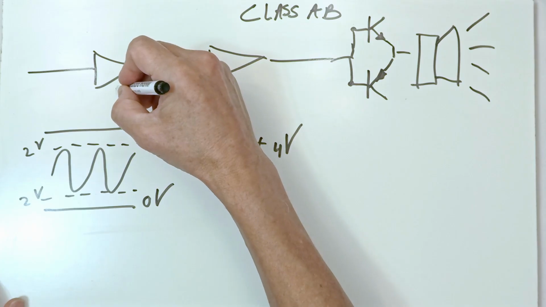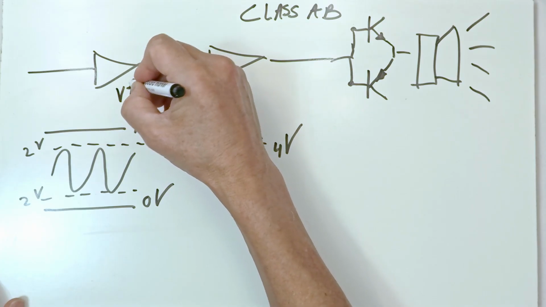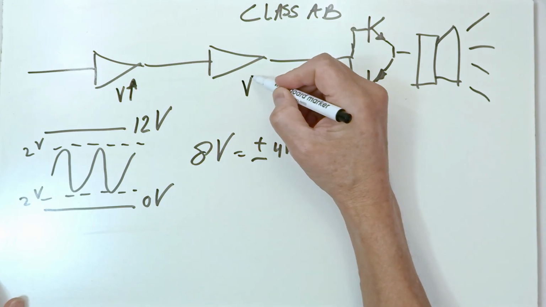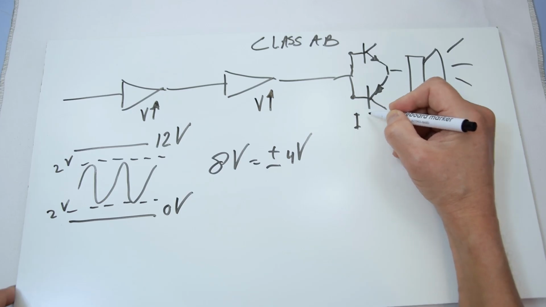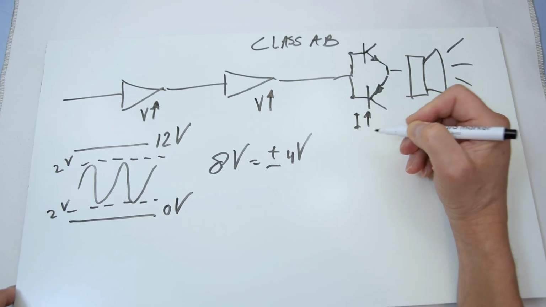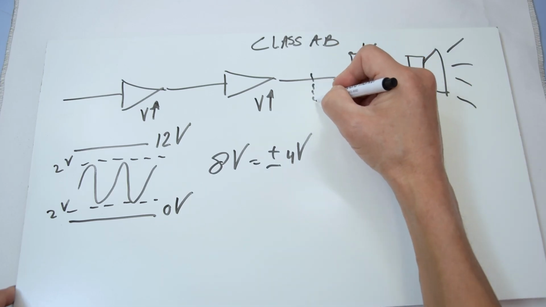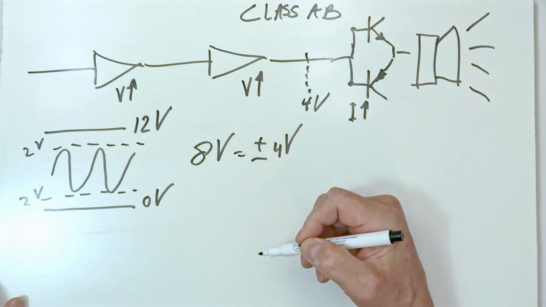The op-amps amplify the voltage and the output stage amplifies the current. So at this point we've got maximum voltage of 4 volts.